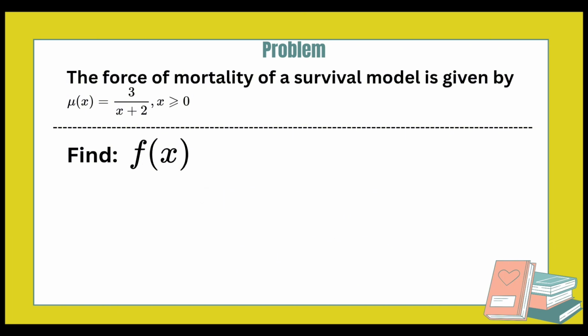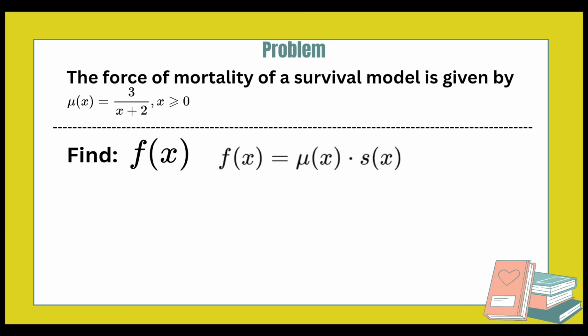Next, the last one is the probability density function, or the f of x, with the small letter f. The PDF tells us the instantaneous probability of dying at exactly age x. It is defined as f of x equals the product of mu of x and the survival function, or S of x.